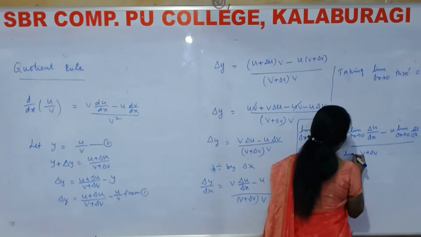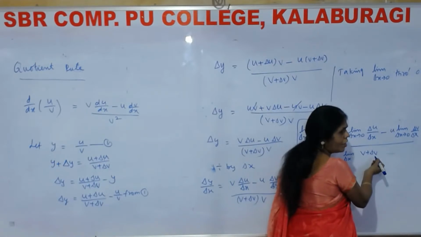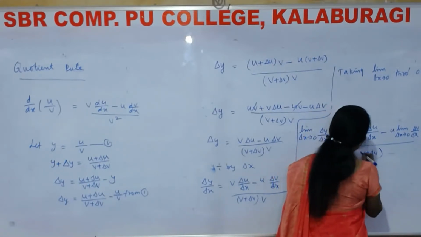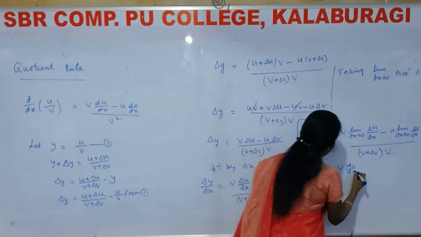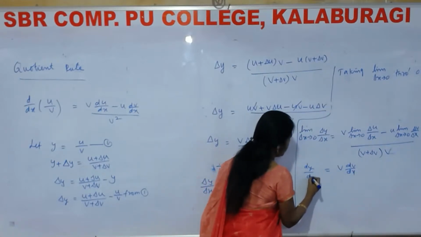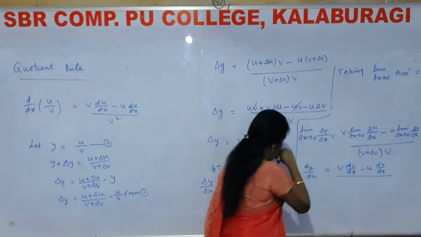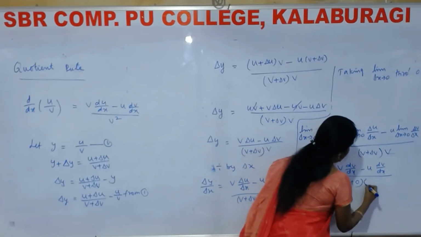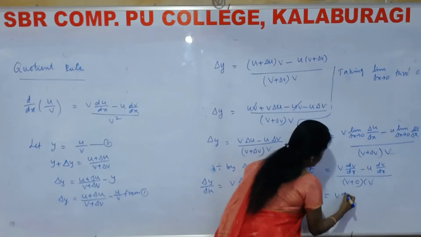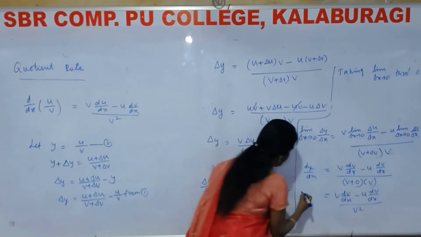Here also, when delta x tends to 0, delta v will become 0. So it is understood. Okay, tell me what it is. v into dv by dx. What will you write here? dy by dx equals v into du by dx minus u into dv by dx, divided by v square.